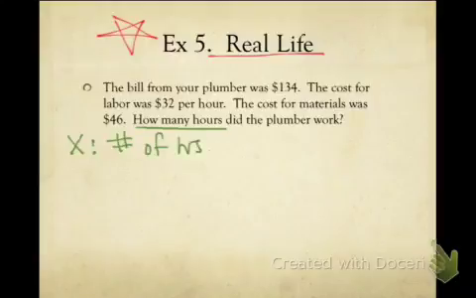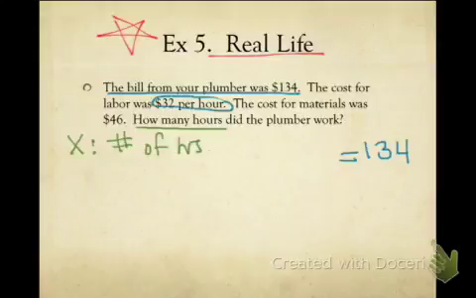So then from there, as you're looking to build your equation to start that out, you know that the total bill from the plumber was $134. So that means it's an equal to 134. You also know that the plumber makes $32 per hour. So as he looks at this, or she looks at this for the plumber, it means that if I worked 1 hour, the plumber made for labor $32. 2 hours would be 64, and so on.